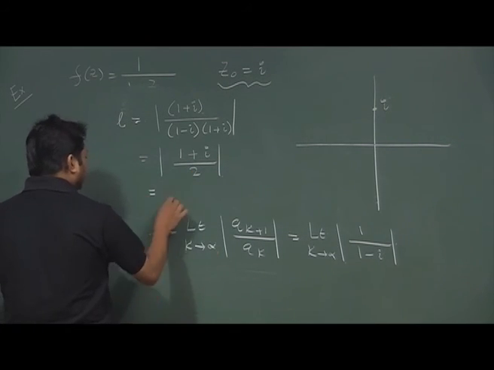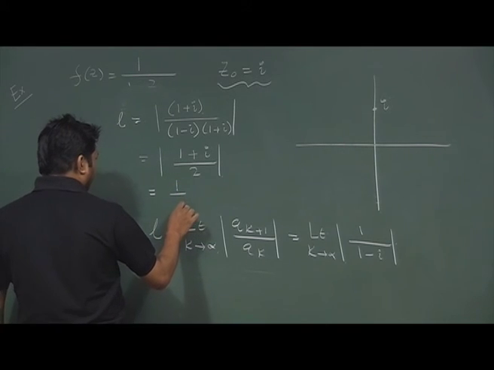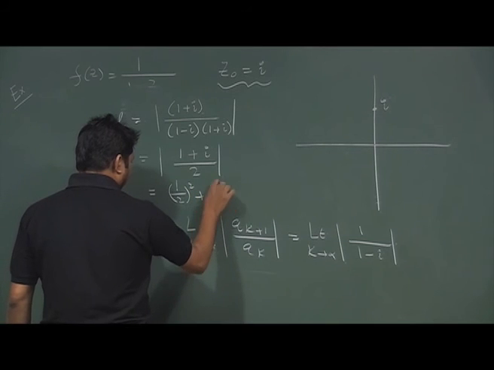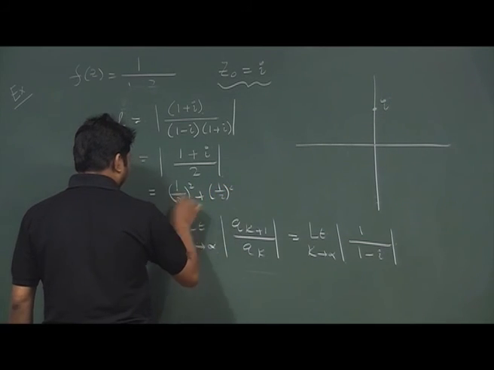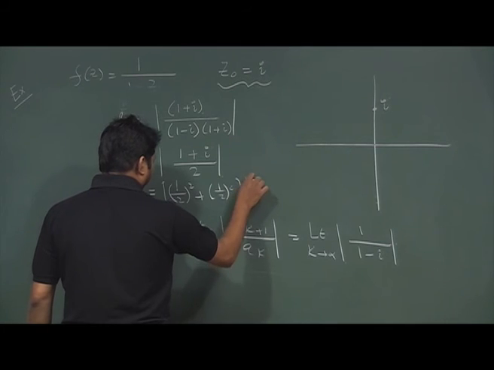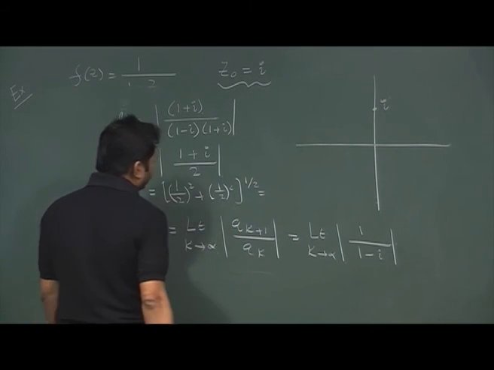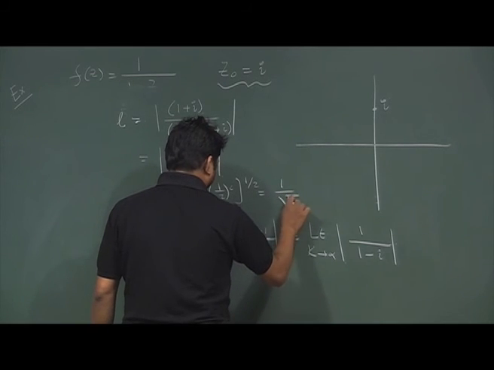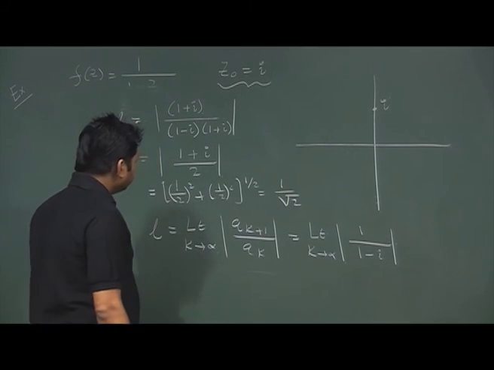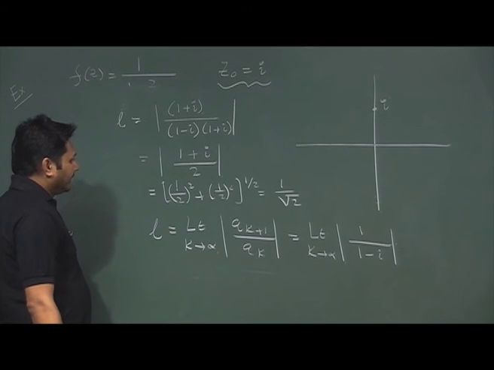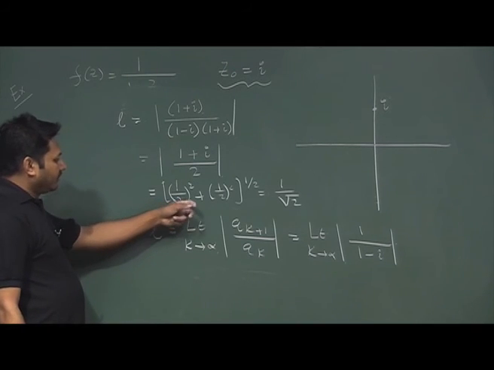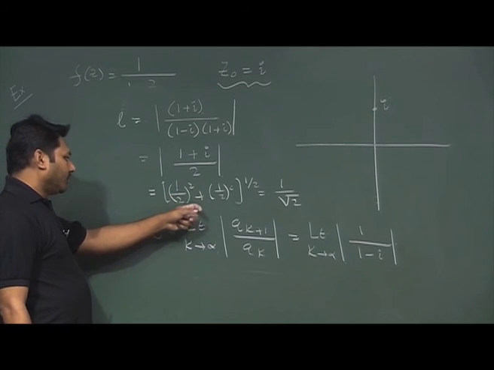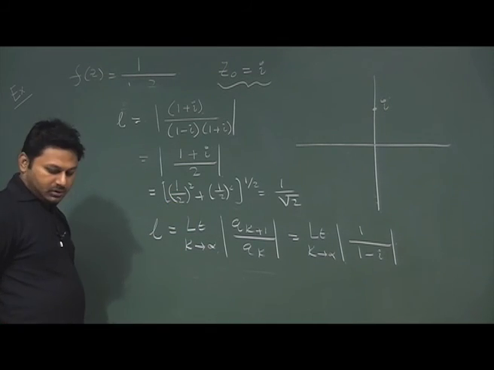The modulus of this quantity is the square root of (1 by 2 squared plus 1 by 2 squared), that is, to the power half. 1 by 2 squared is 1 by 4, plus 1 by 4, so 1 by 4 plus 1 by 4 is 2 by 4, so half. So it is 1 by root 2.